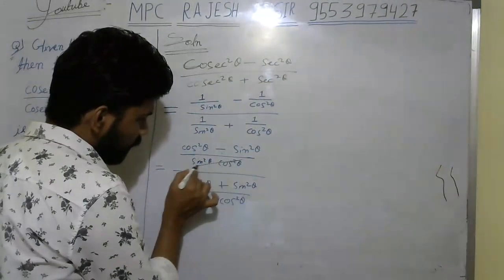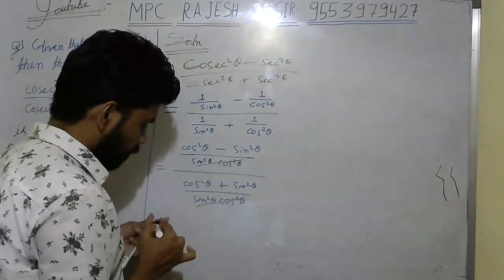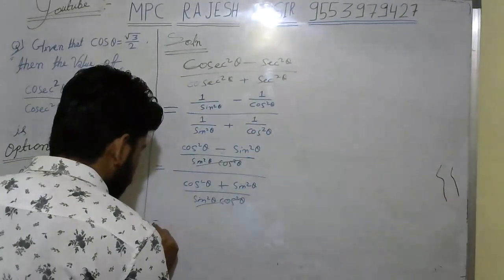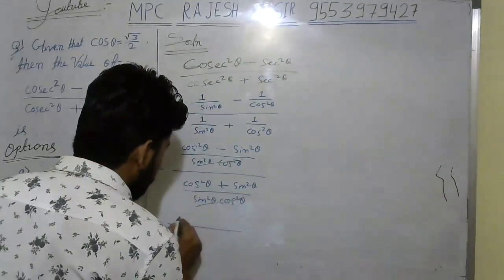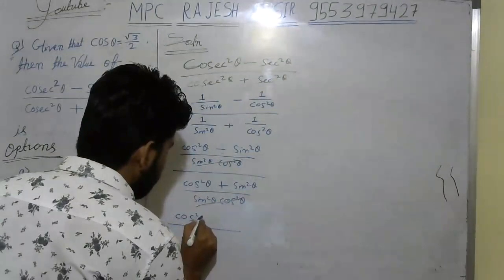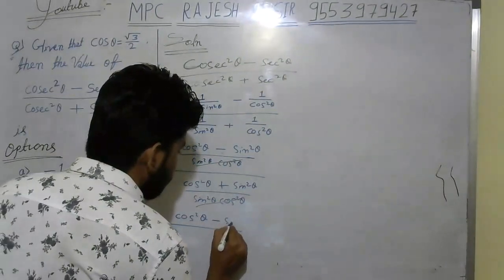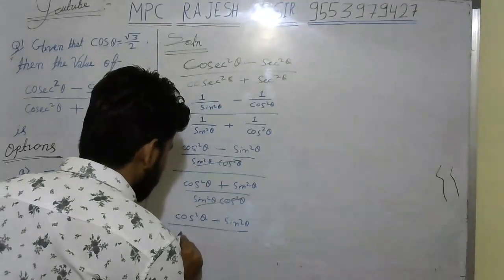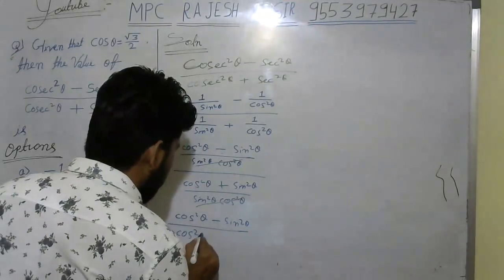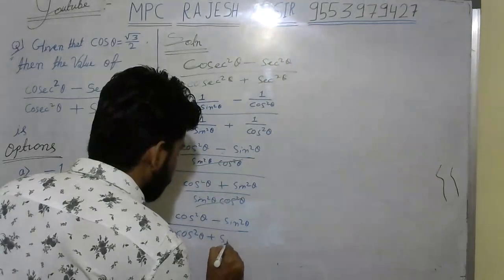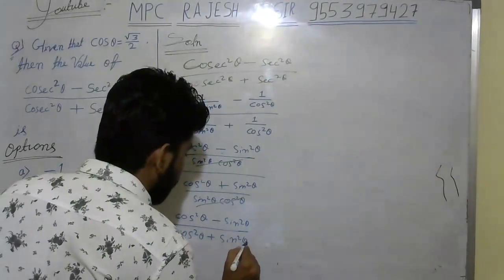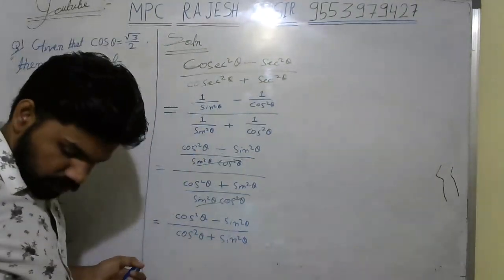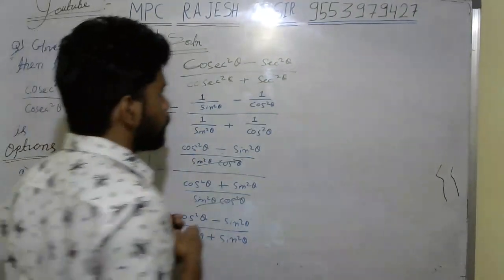So the denominators will cancel. Whatever the remaining term, the numerator will be cos square theta minus sin square theta upon cos square theta plus sin square theta.